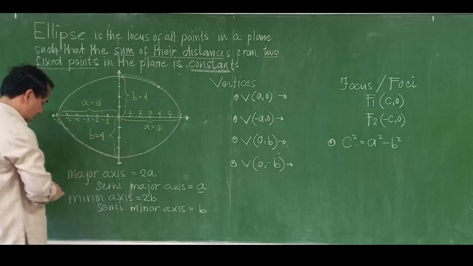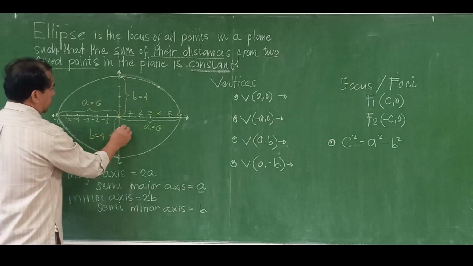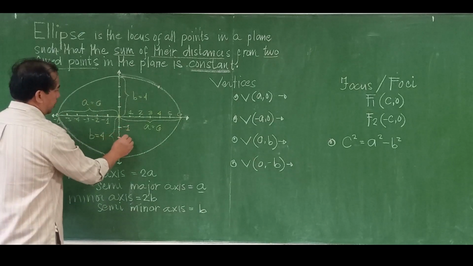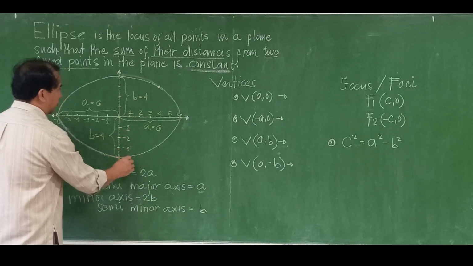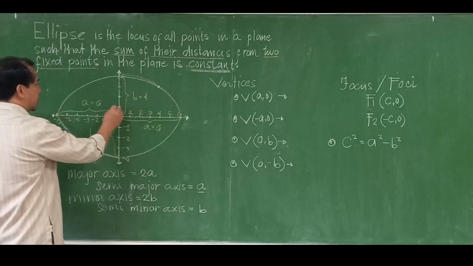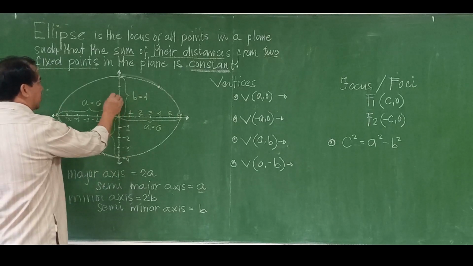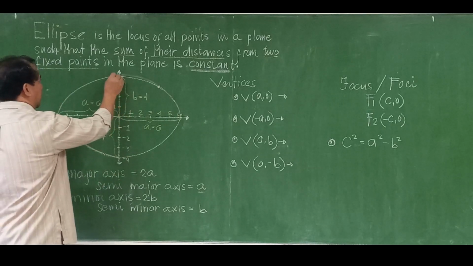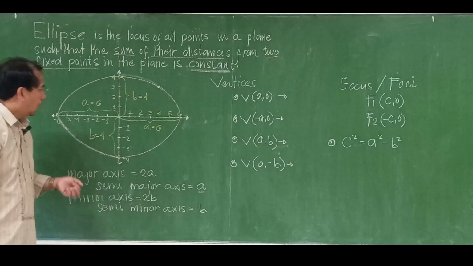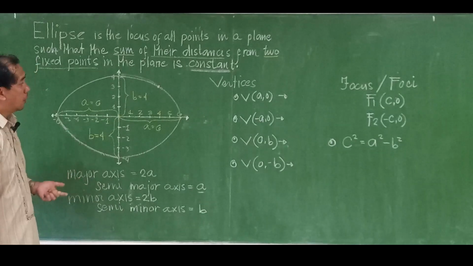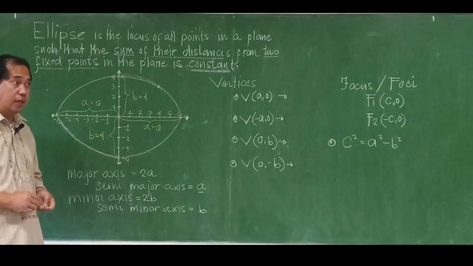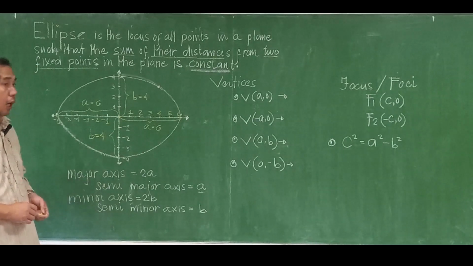How about here? That is the same: negative 1, negative 2, negative 3, negative 4. And here, this is positive 1, positive 2, positive 3, positive 4.